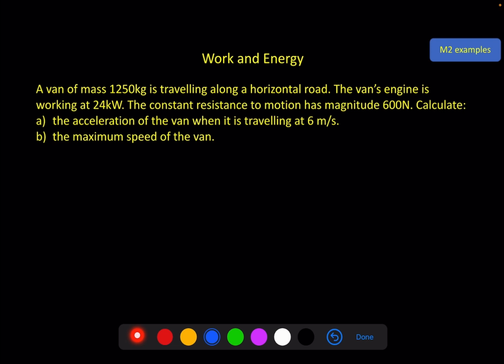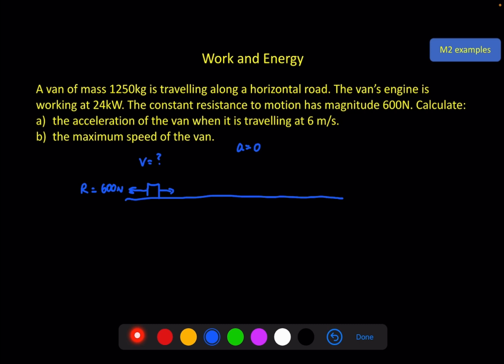So we still have a horizontal road, and we still have our very box-like van, still going this way. We still have constant resistive forces of 600 newtons. But now the velocity is unknown, and we want to find the maximum speed of the van. The maximum speed happens when the acceleration is 0.